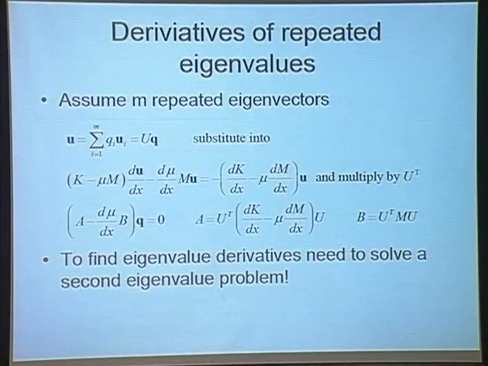That is, you find that when the modes are repeated, calculating the derivative of the vibration frequency with respect to x doesn't give you a unique solution, but instead you can have an assortment of the dmu/dx that is obtained from the solution of an eigenvalue problem with the matrices A and B.